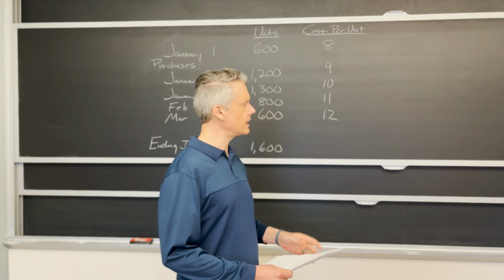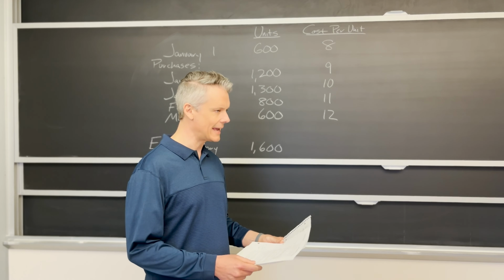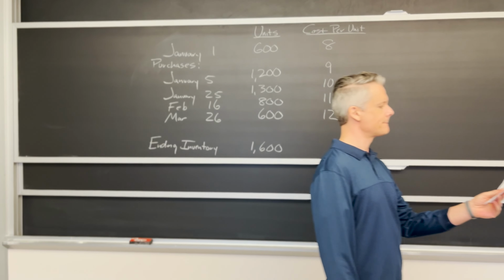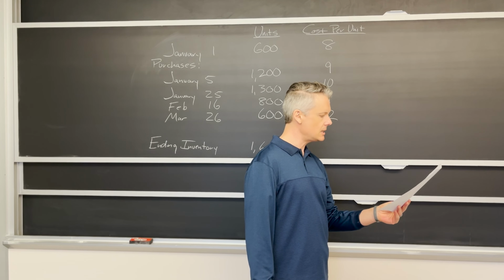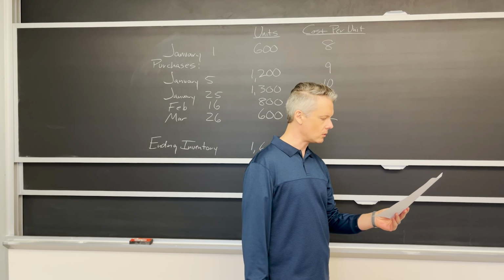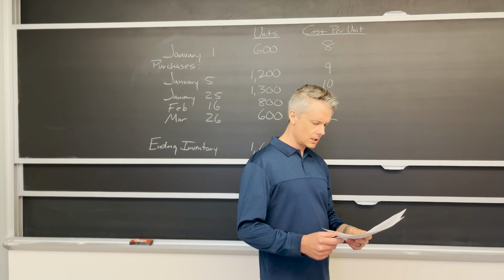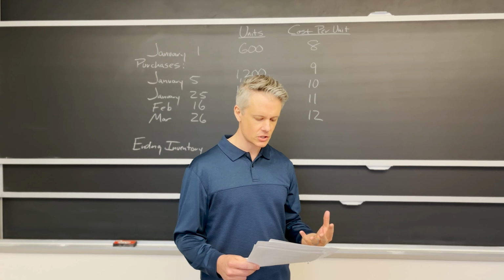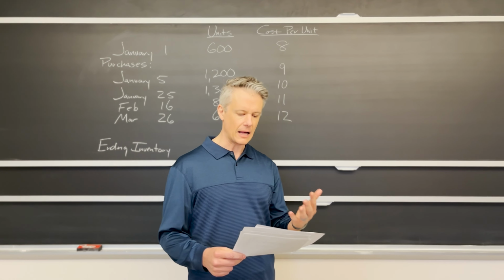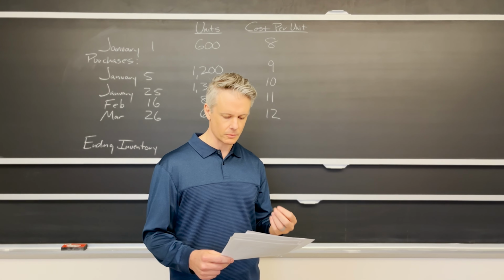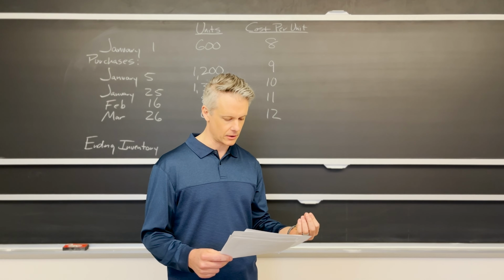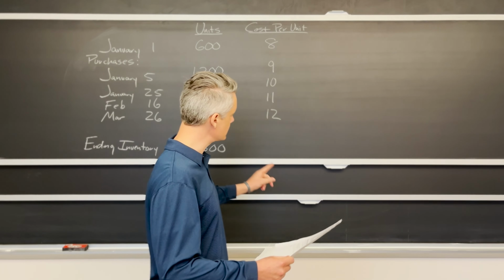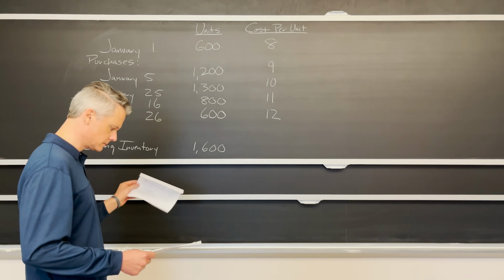So let's take a look at this situation from the handout. This one is E8-12. It says Twain Company was formed December 1st, year one, and the following information is available from Twain's inventory records for product BAP. I have this information on the board.